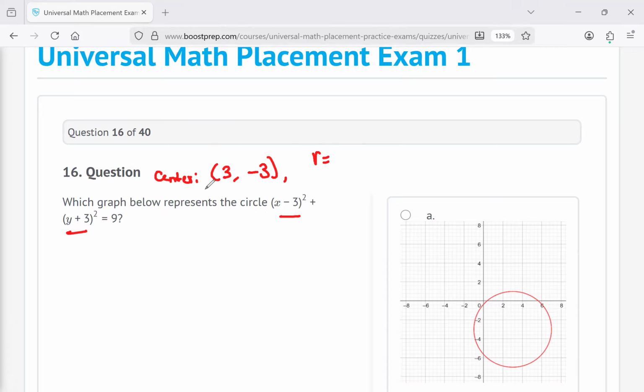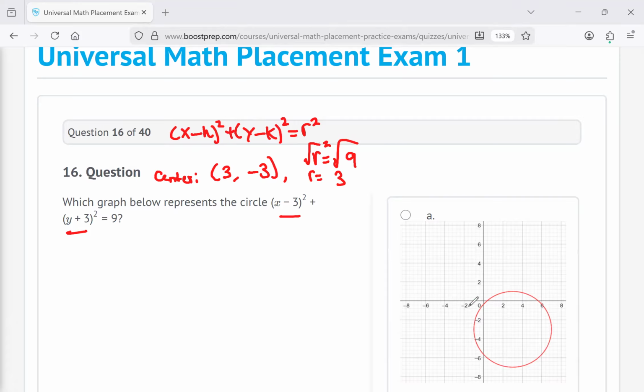Now, what would my radius be? What is the equation of a circle? It's x minus h squared plus y minus k squared equals r squared. So r squared is 9, but I want to find regular r, so I take the square root, so r is 3. So what we have to do is find a circle with a center of 3 comma negative 3 and a radius of 3.